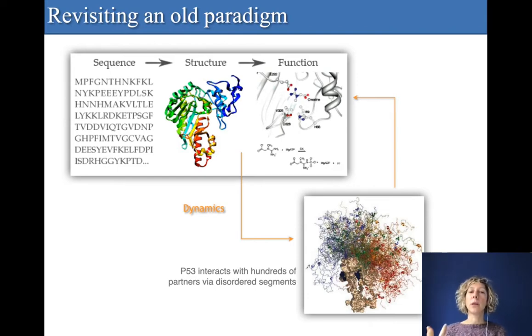So here I show the example of the famous p53 protein, which is a tumor suppressor, and it has a domain that is what is called intrinsically disordered, meaning it doesn't adopt a particular conformation in solution. So it can span all these spaghetti conformations, if you wish, and it will locally fold upon interaction with different partners. And it can interact with hundreds of different partners.